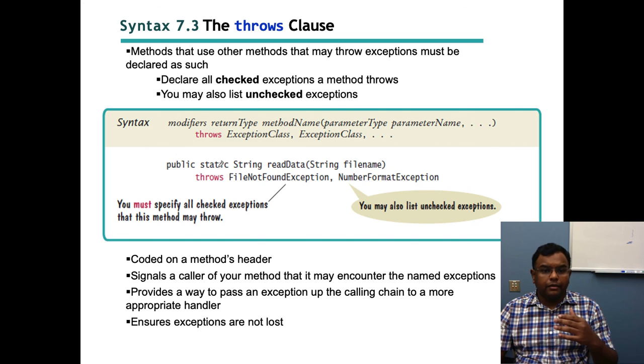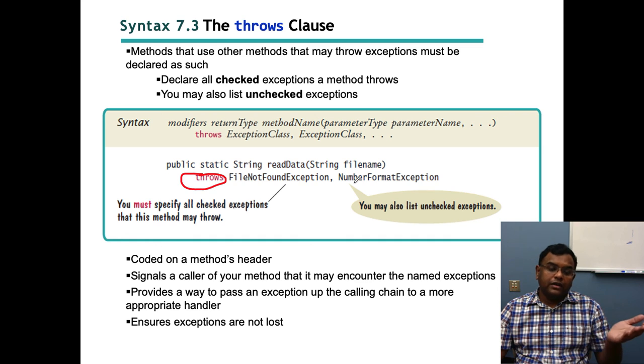If you are writing a method or function like readData, and you are trying to read from the file name, you can put a throws statement, which will basically throw the exception whenever it happens inside this function, to the caller function. So if this readData is called from the main function, then the exception will be raised to the main function and let the main function handle it. Otherwise, we should put a try catch block inside this readData function.